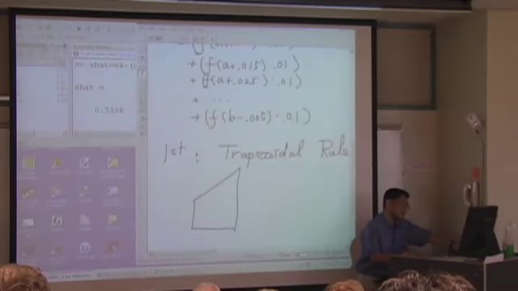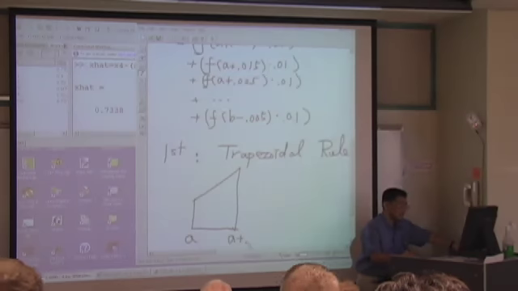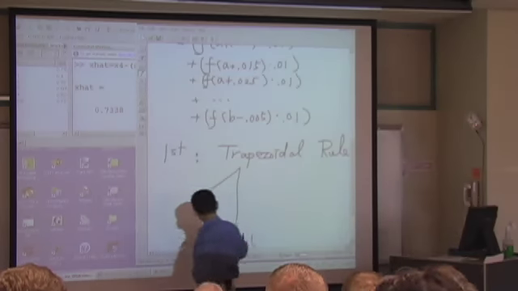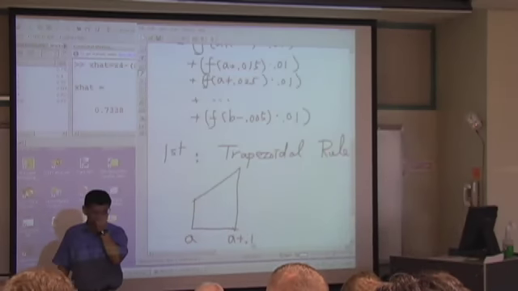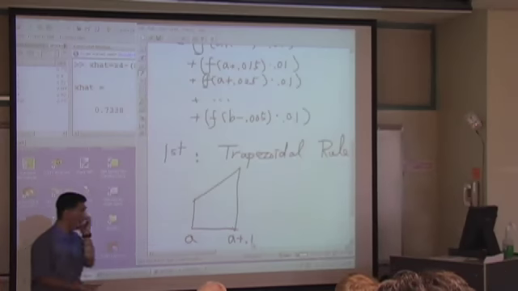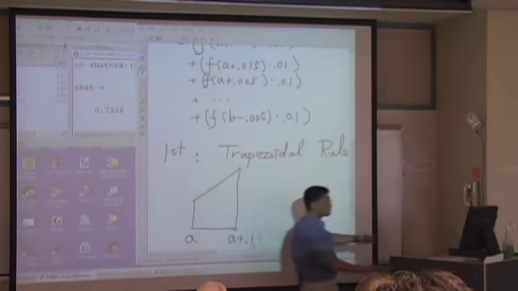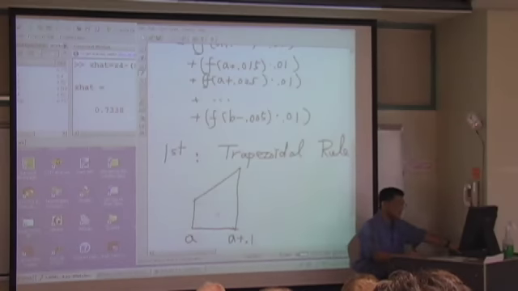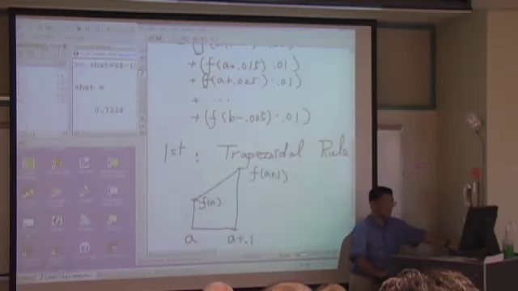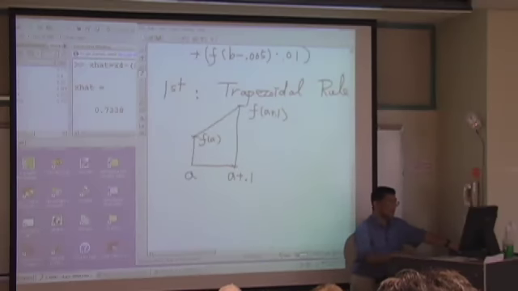So I will use a much rougher increment. Instead of 0.01, I used 0.1. So I decided to use this piece from A to B. Then, what is this height? F of A. What is this height? F of A plus 0.1. Then what is the area? With these things, can you calculate the area?